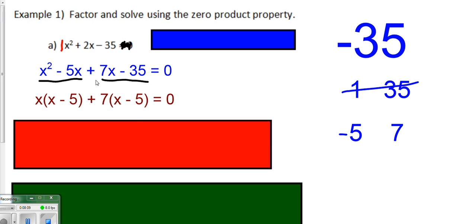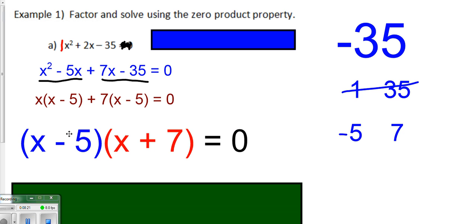Now that we have our groups, again, remember, x minus 5 and x minus 5, it's happening twice. In one case, it's multiplied by x. In one case, it's multiplied by plus 7. So your two factors that we're going to be using, x minus 5, that was here and here, and x plus 7, x and a positive 7.